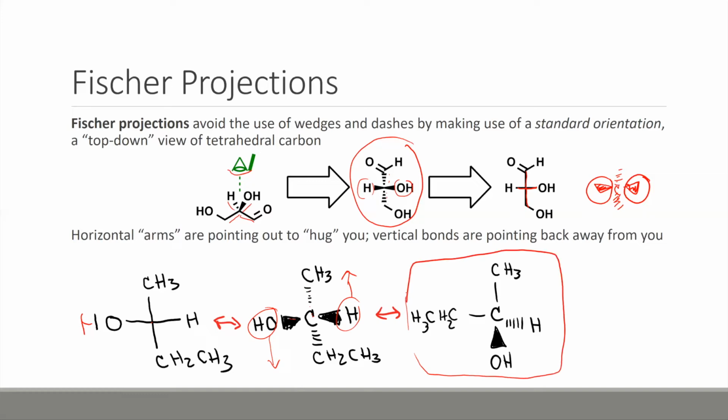So I would implore you to try practicing going between these Fischer projections and what they look like in our normal tetrahedral projections that we've used prior. This is going to take a lot of mental rotation in your brain, but try to look at these.